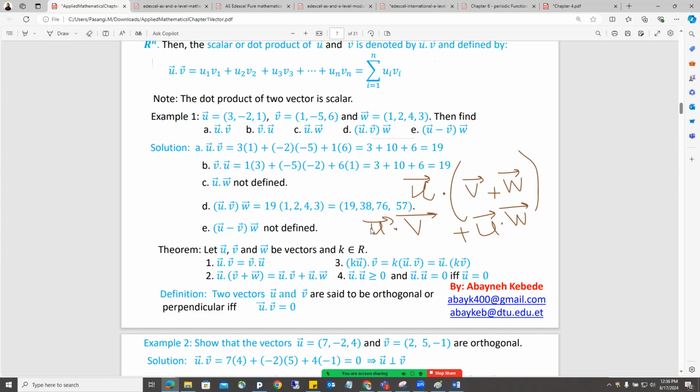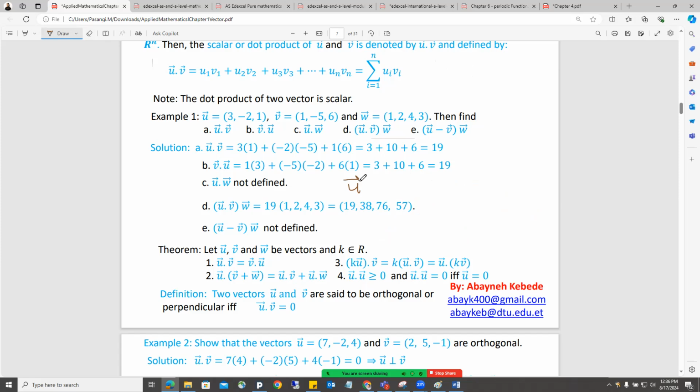Then we have the third theorem, which belongs to scalar multiplication. So we have the u vector and we are multiplying this u vector by a scalar k. And then we take the dot product of ku vector and vector v.